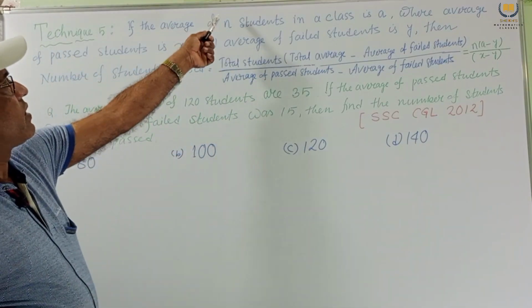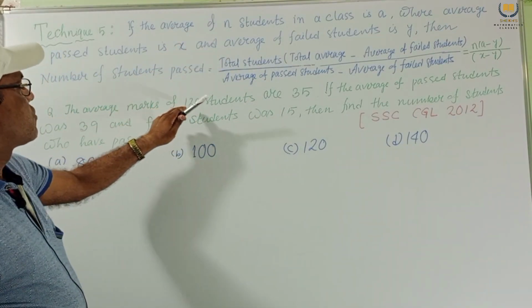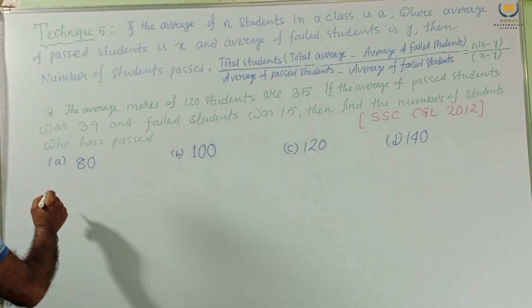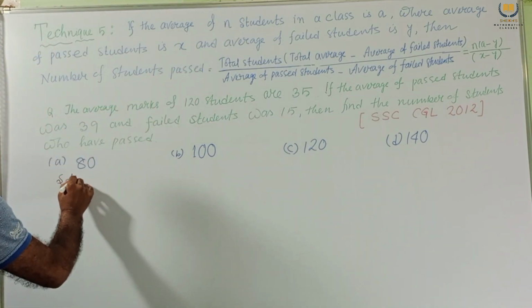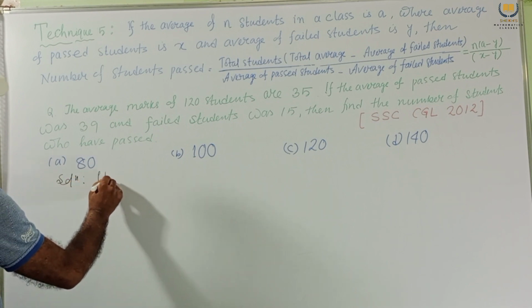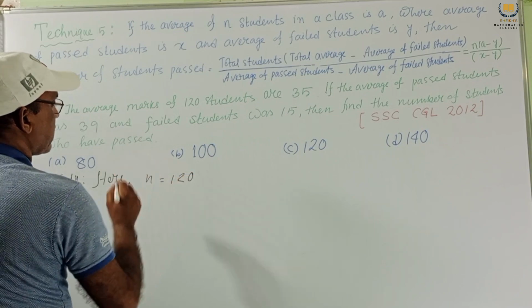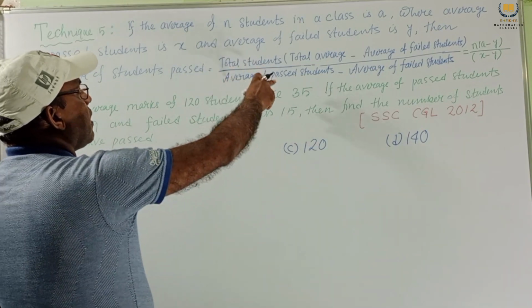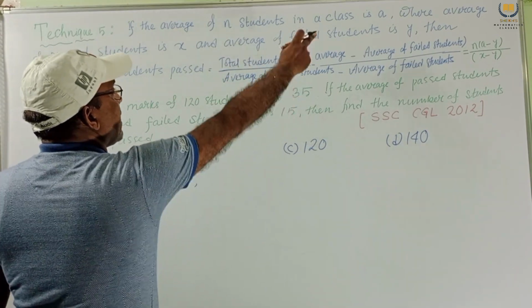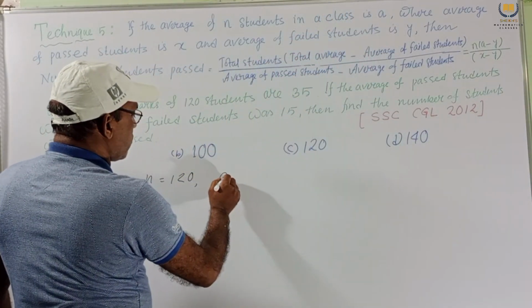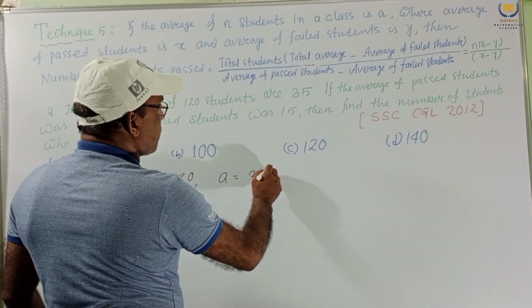Now what is given? Comparing with this, average marks of 120 students, 120 means n students. So here in the solution, n equals 120. This 35 is the class average, so A equals 35.